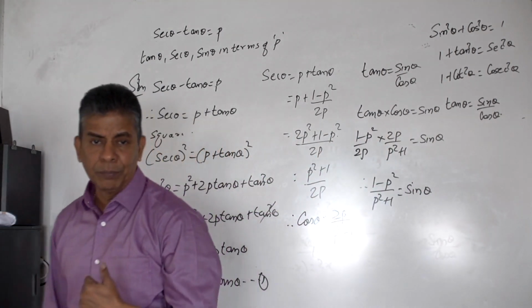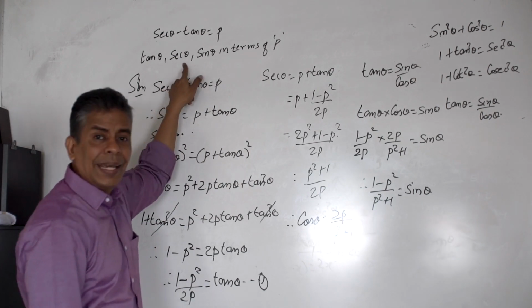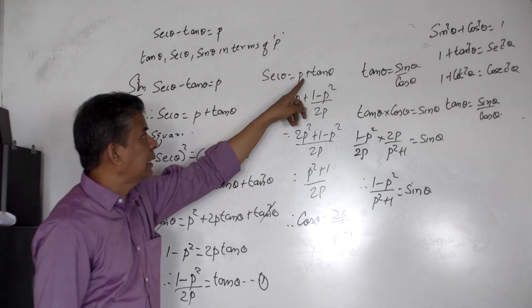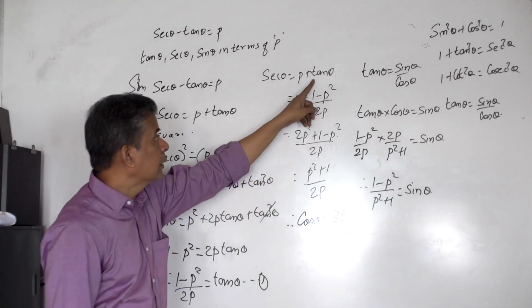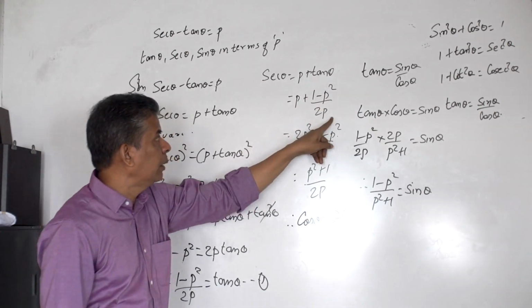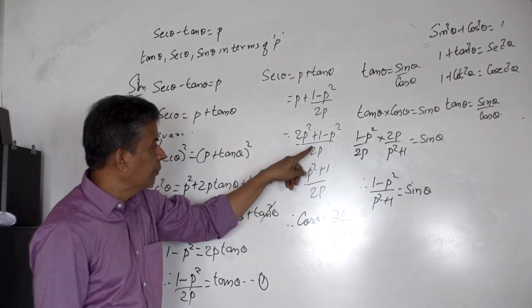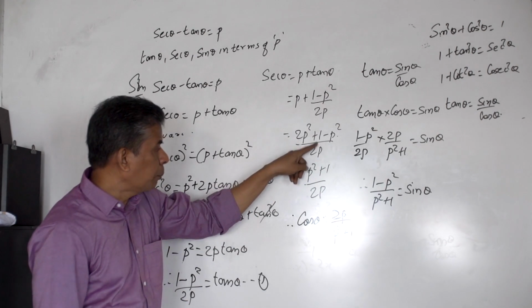So we got tan. Now to get sec, the identity is sec is p plus tan theta. Tan theta is found from 1. Substitute 1 minus p square upon 2p, then 2p square plus 1 minus p square upon 2p. 2p square minus p square is p square plus 1.